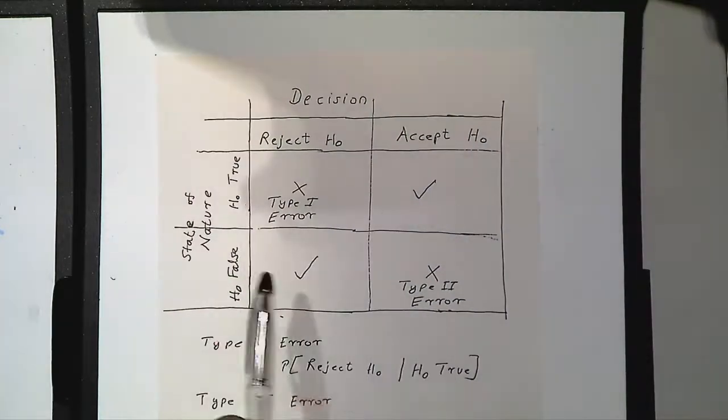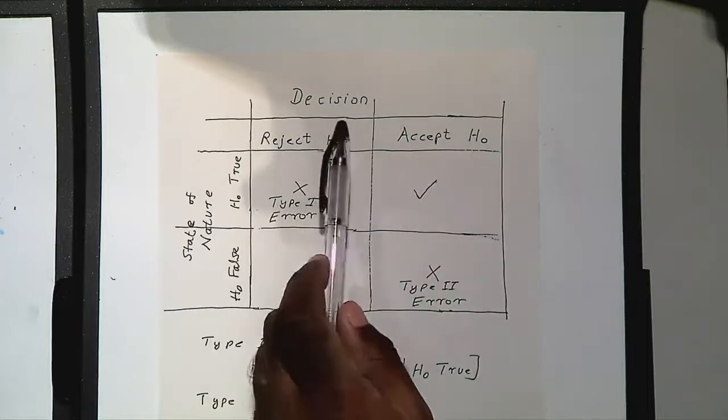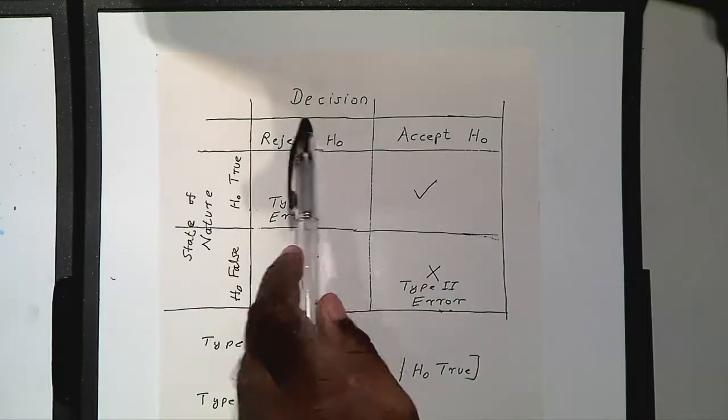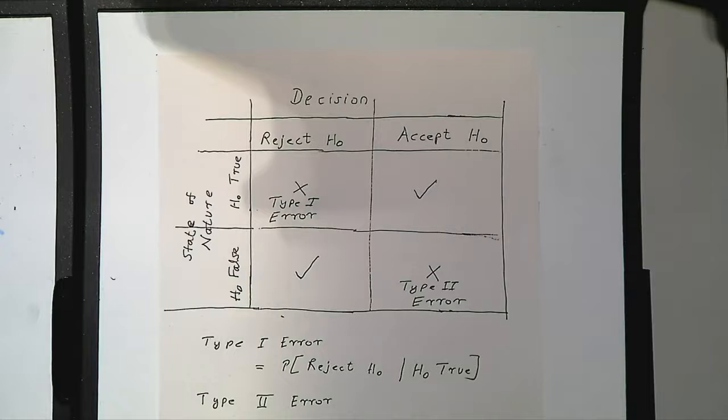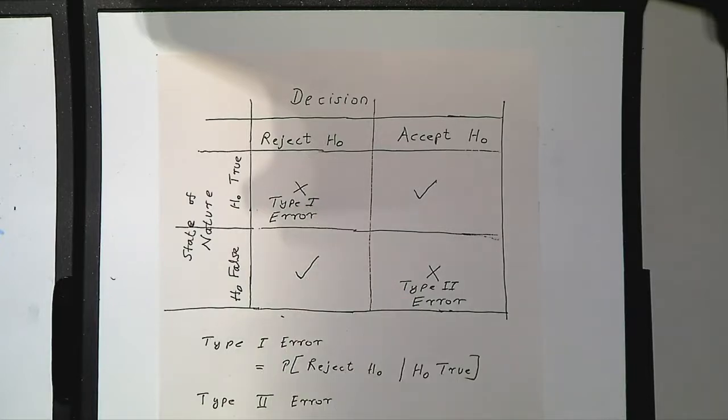This is kind of a box, right? It has two dimensions. The row indicates the decision that you make. Either you reject the null hypothesis or you accept the null hypothesis. So it's one of two possible decisions you can make. The column indicates the state of the nature of the problem.